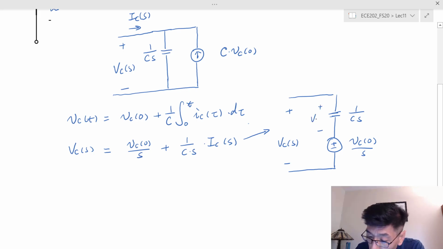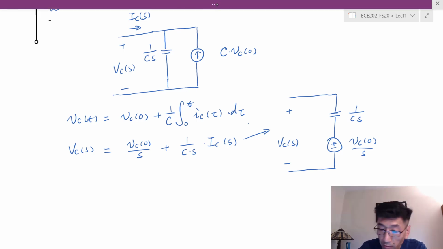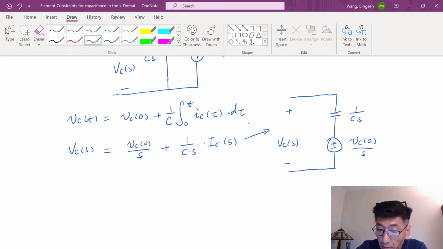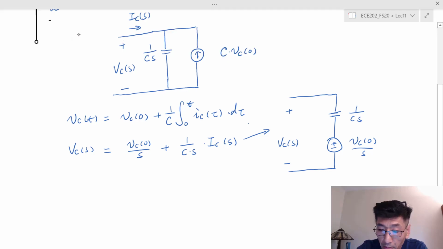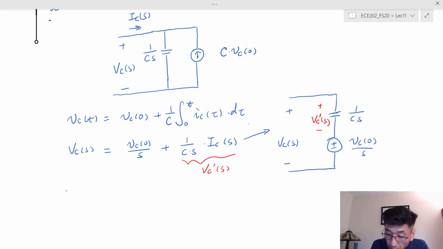Let me change the color. This is very important, because some of you use the equivalent circuit and solve the circuit, and everything is done right, but when you do the inverse Laplace transform, you take the wrong term. So let's call this voltage across the component V sub C prime(s), which is this term, right?